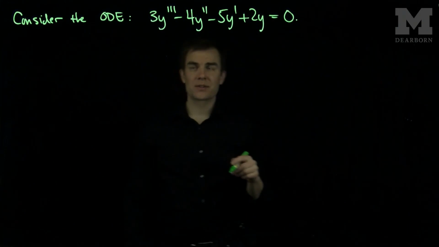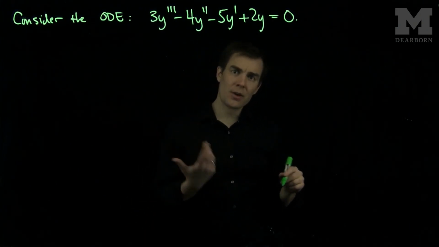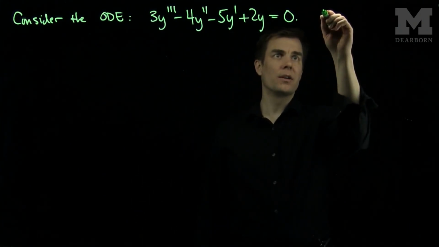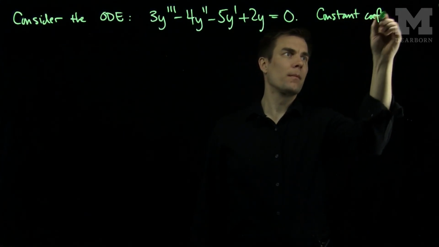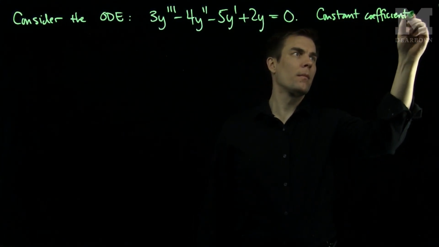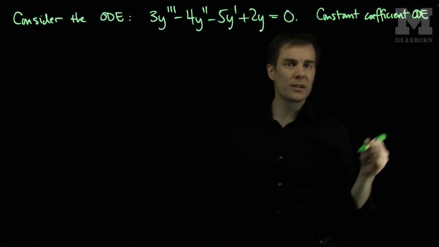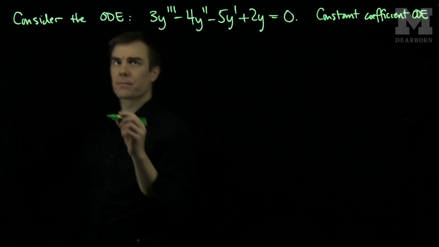We can take this constant coefficient ODE and write it in our D notation. So we should remark over here that this is a constant coefficient ODE, so we can attempt to factor the differential form.